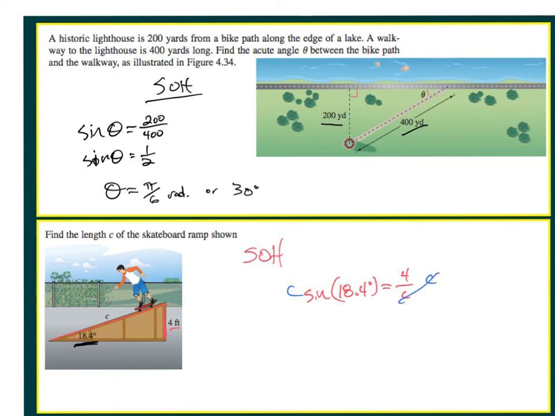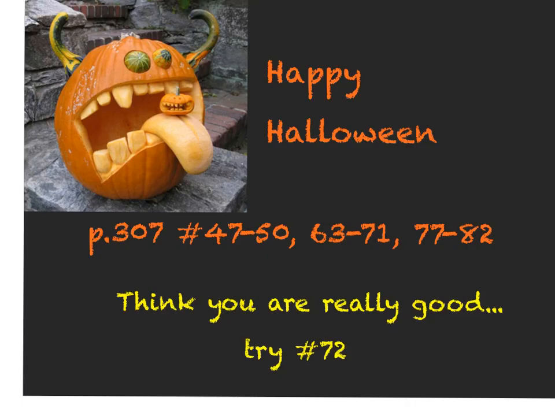Divide by sine. So now C is equal to 4 over sine of 18.4 degrees. And then I type that into my handy dandy calculator. .6723 feet. All right. Pretty good. That's all I got for you.